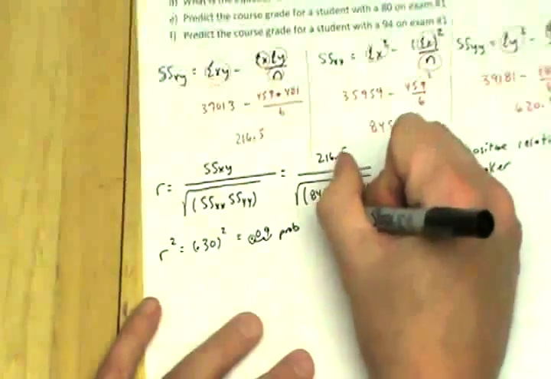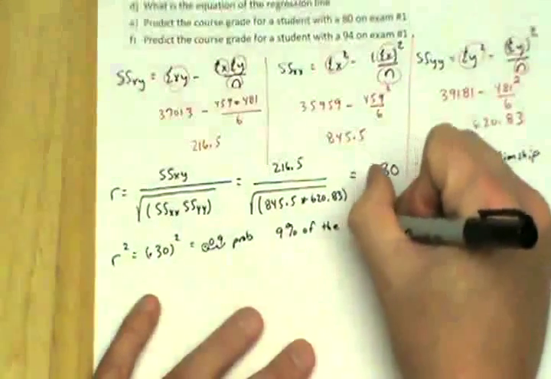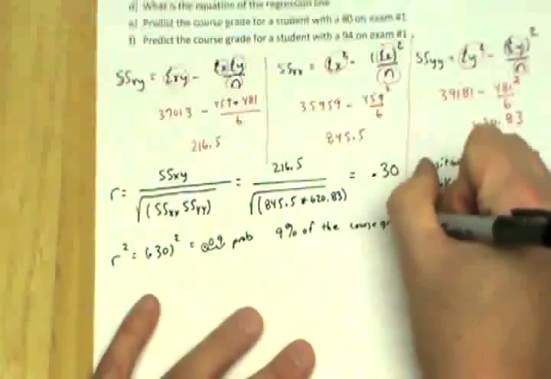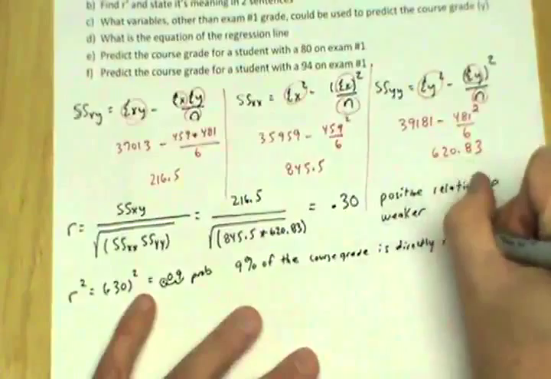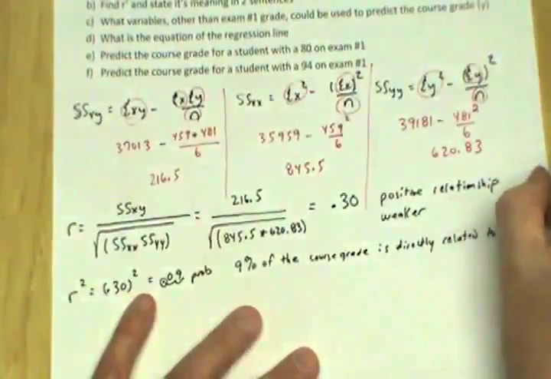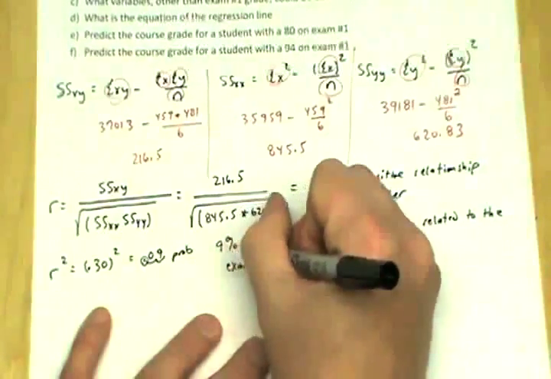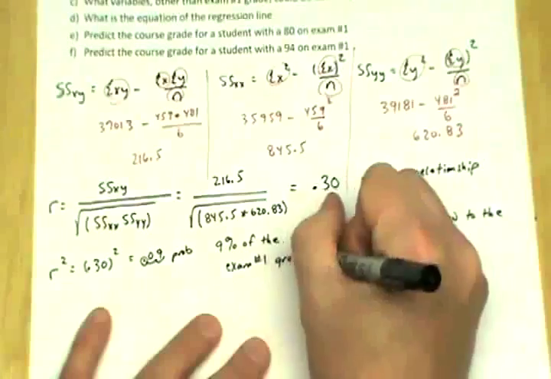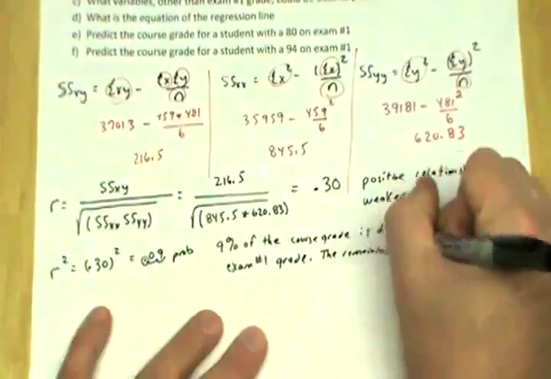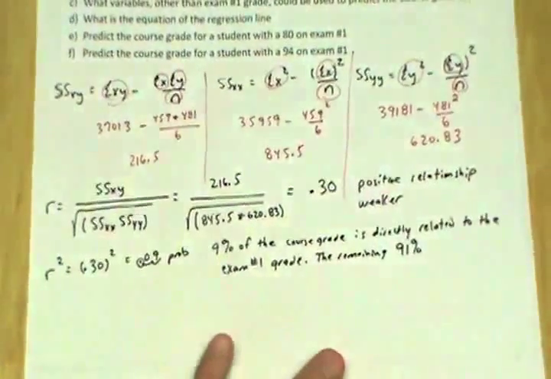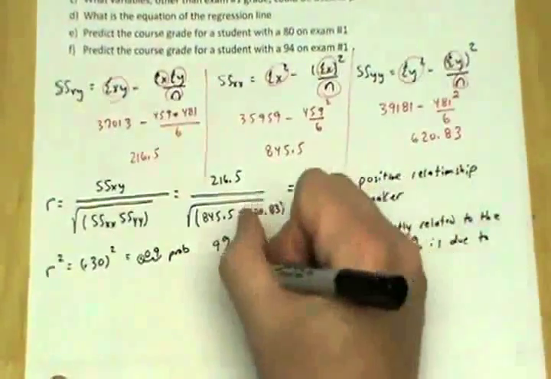So we're going to say 9% of the Y variable, which is the course grade, is directly related to the X variable, which is exam number 1 grade. The remaining 91%, so that'll total 100, is due to other variables.